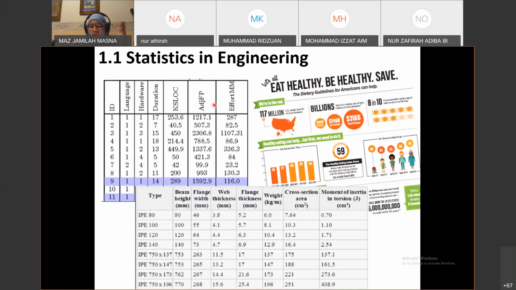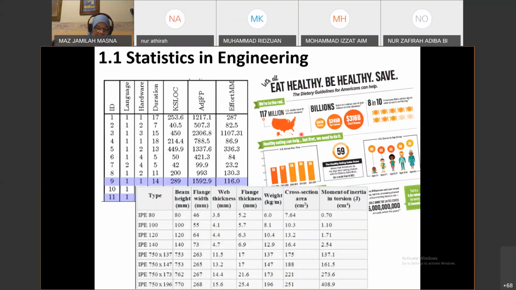Meaning that we don't provide them with a data set, but they have to find their own data set by collecting their own data. Okay, so in statistics, either you begin your research by collecting your data yourself, or you can just use available data that could be from a government report, the news, Facebook, Instagram, or whatsoever.